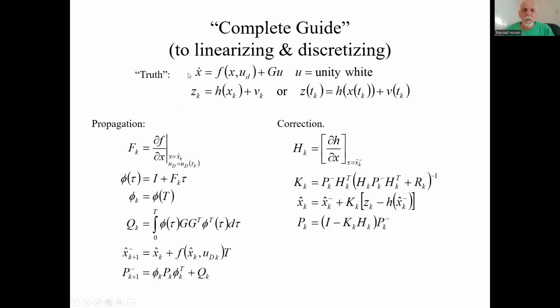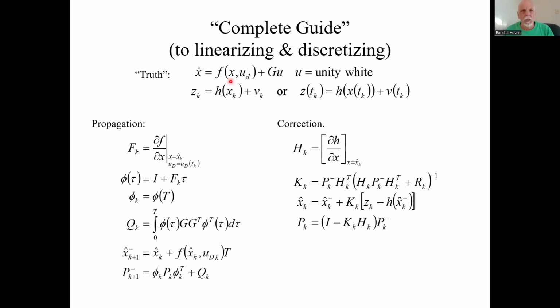You are given a continuous time system model, and everything's nonlinear. I'm not going to go through what all these formulas mean. I'll show you how they apply in the next video. But what it means is there are many things you'll need to find. This is going to be implemented in a computer.